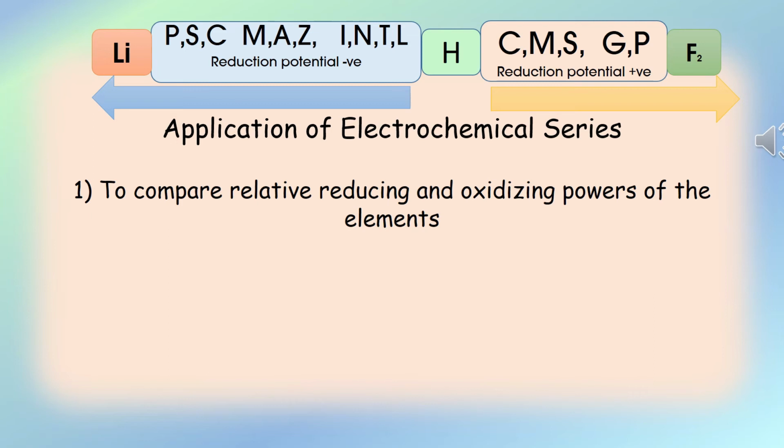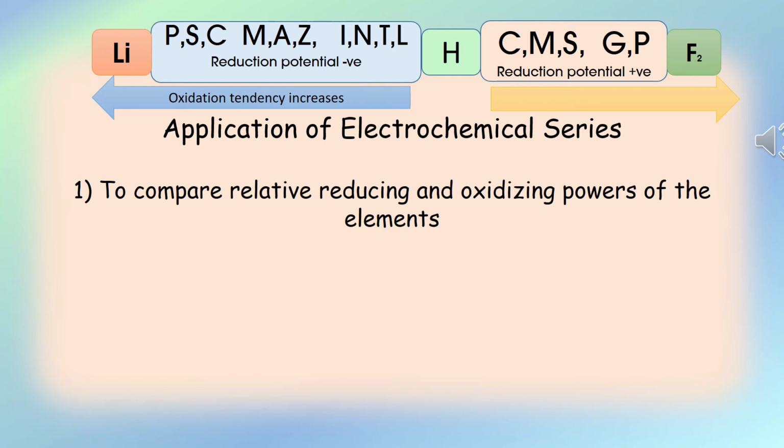All the elements that are on the left hand side of hydrogen have oxidation tendency. The further you move away from hydrogen, the oxidation tendency increases. And those elements which are on the right hand side of the hydrogen have a tendency to get reduced because the reduction potential is positive.